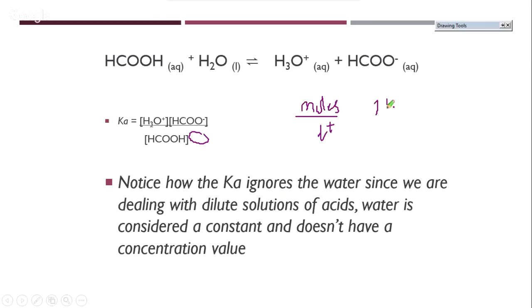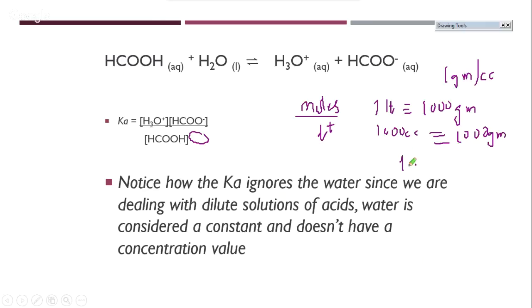Now, we know that 1 liter of H2O is approximately equal to 1000 grams, because the density of water is 1 gram per cc, and 1 liter is equal to 1000 cc. We know that 1 mole of water is equal to 18 grams, so almost 1000 grams is equal to 55.5 moles of water.